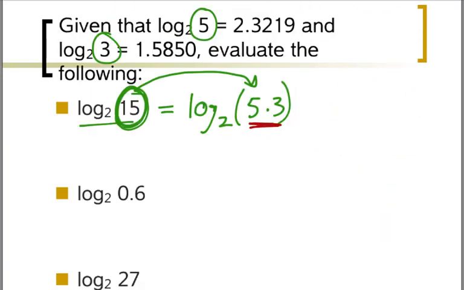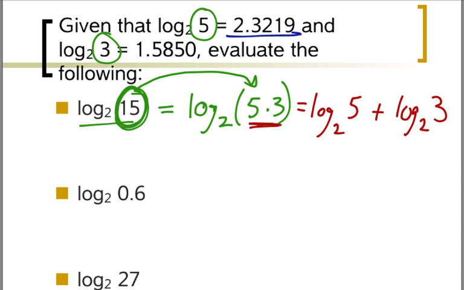So what that means is I can rewrite this to be log base 2 of 5 plus log base 2 of 3. And why that's helpful is because I know that log base 2 of 5 is 2.3219. And so I can just replace it here. Plus, I know that the log of base 2 of 3 is 1.5850.